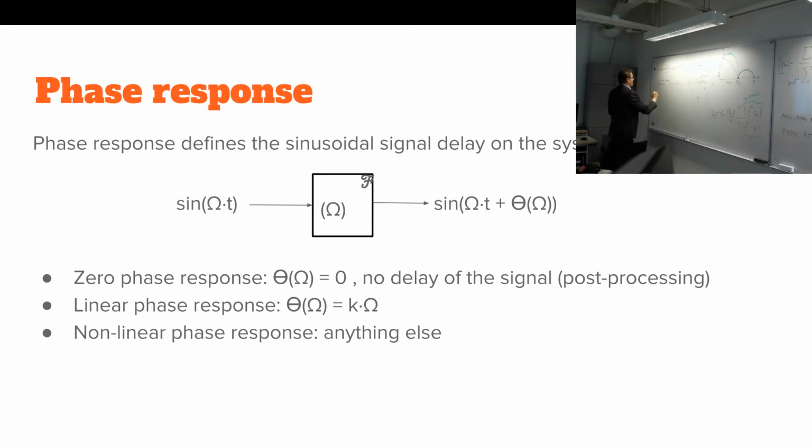Then this part, sine of omega t plus the phase shift, would be sine of omega t, oops, that was small omega, plus k times omega.